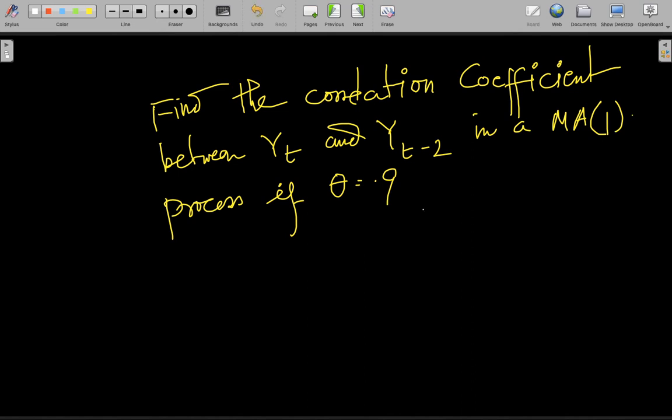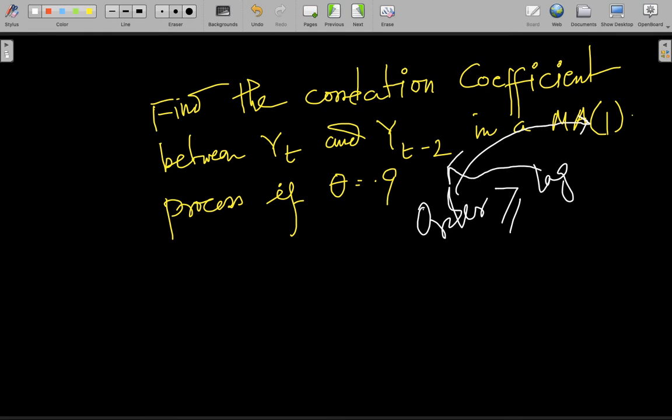So basically the order has to be greater than or equal to the lag. If you have lag 2, you're taking the correlation between Yt and Yt minus 2, the time series value at lag 2, whereas your process is an order 1 process.